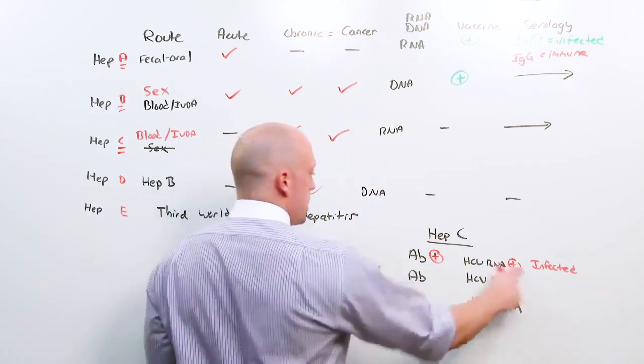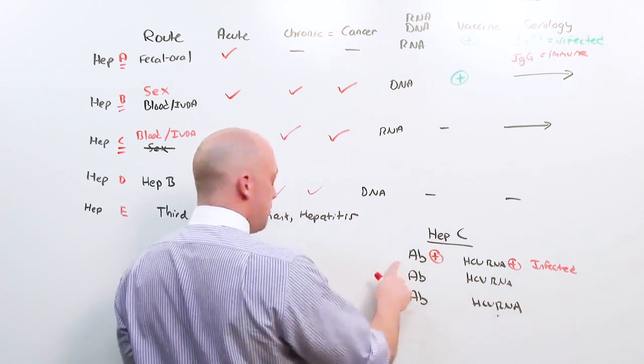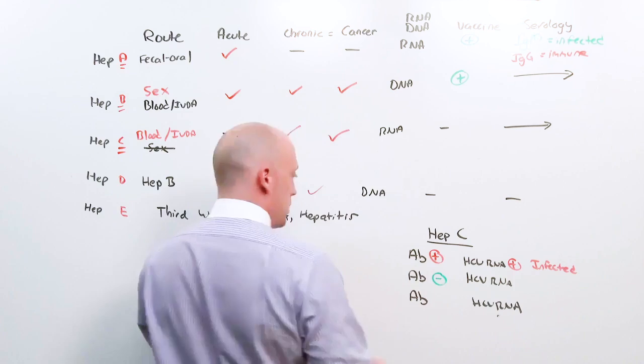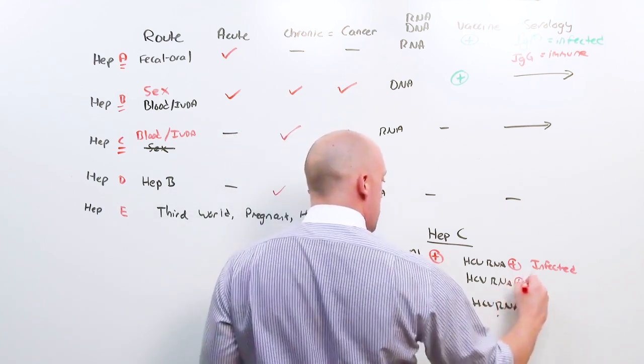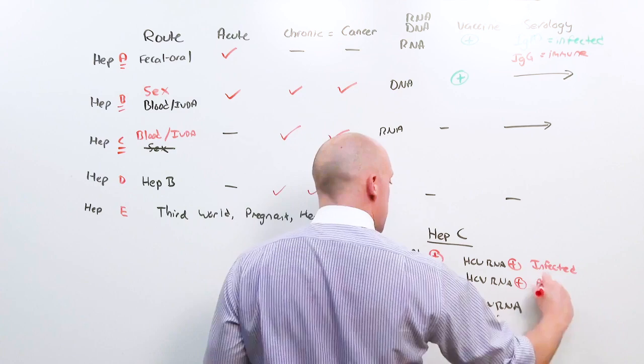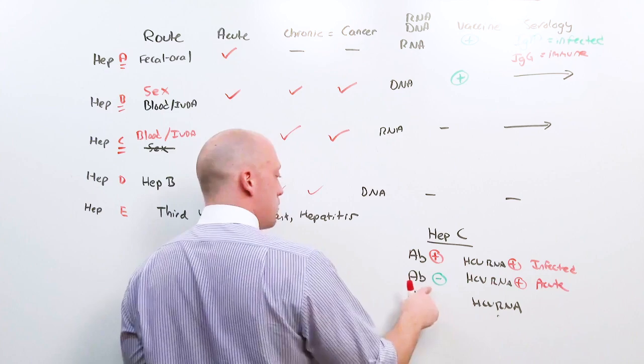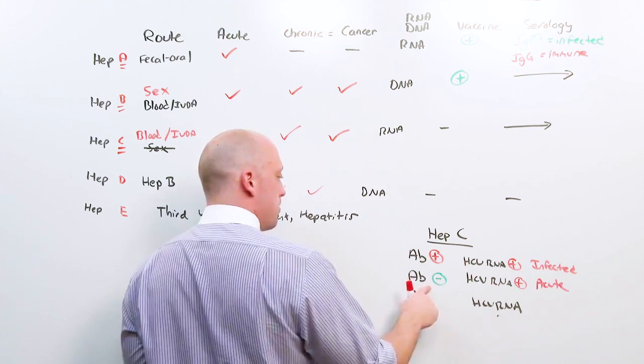This is that chronic carrier state that most people who get infected will be in. If the antibody is negative, but the RNA is positive, this is an acute state. That is, the person just got the virus in them, but has not had time to mount an antibody response.